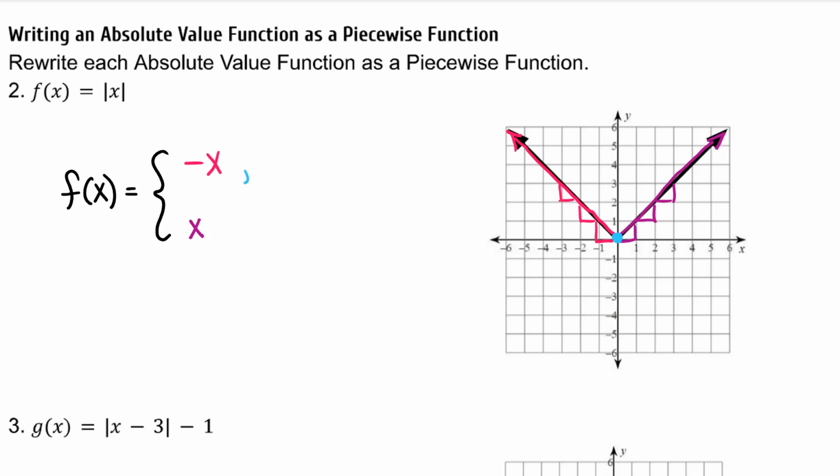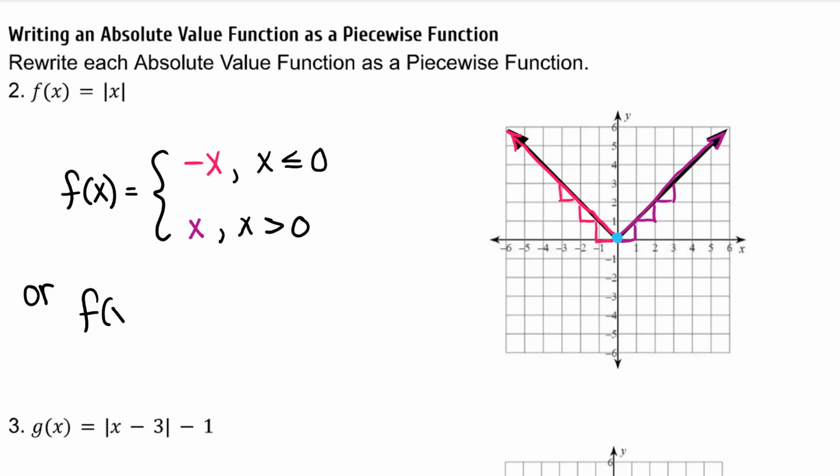Meaning -x is defined in this absolute value function whenever the x's are less than or equal to 0. And then our line has a slope of +1 when the x's are greater than 0. You could put x's less than or equal to 0, or you could put the or equal to on this side, just as long as for one of these pieces you still have a point at the vertex.